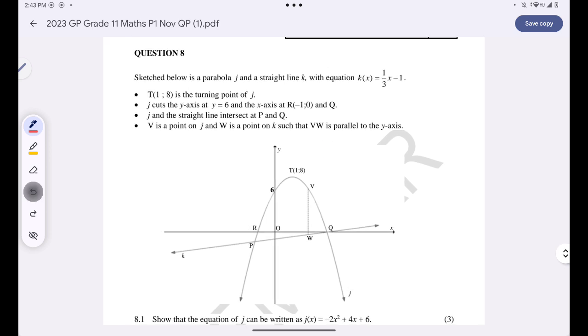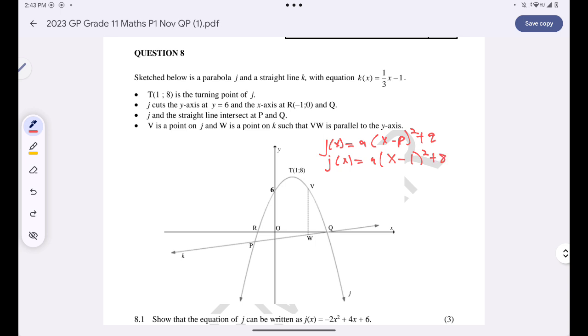J of x is equal to... I can use this equation because I have a turning point P and Q, whereby both P and Q represent the coordinates of the turning point, right? So J of x is a times x minus 1 squared plus 8.